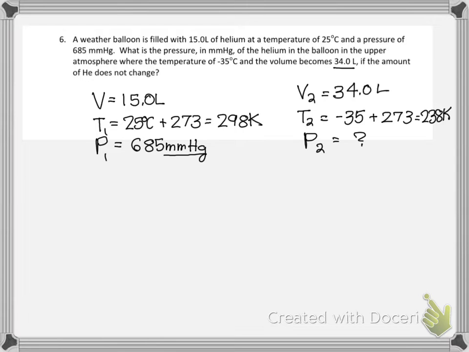Then it tells me that the amount is constant, so we're going to use the combined gas law, which has each one of the variables. It really is all the gas laws combined.